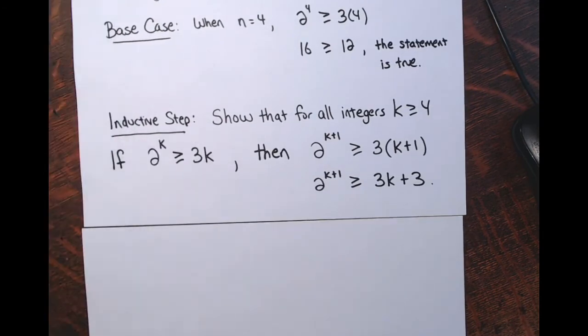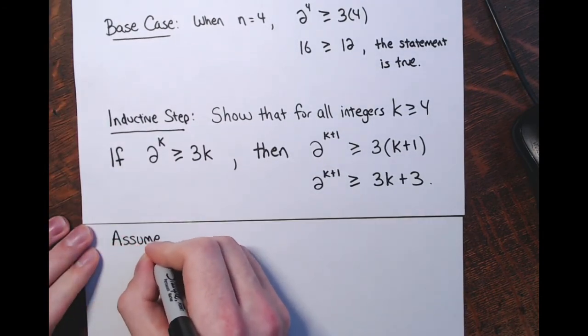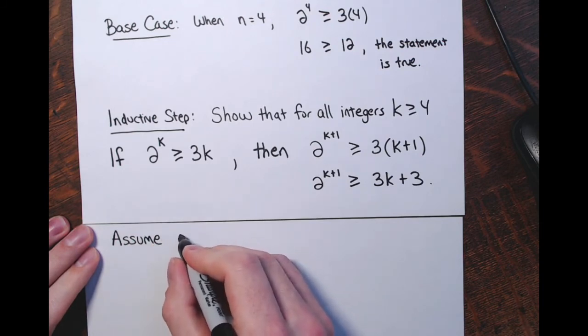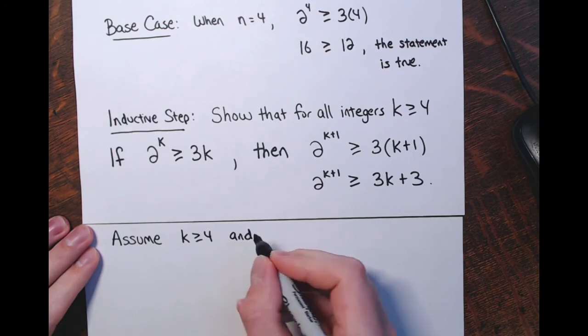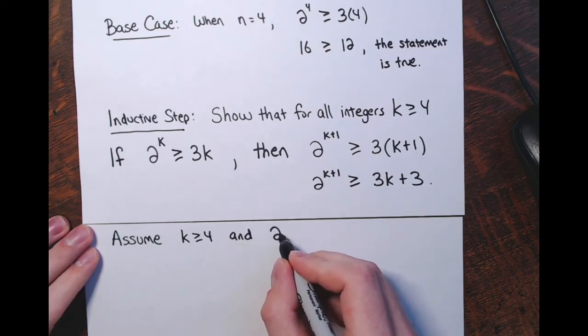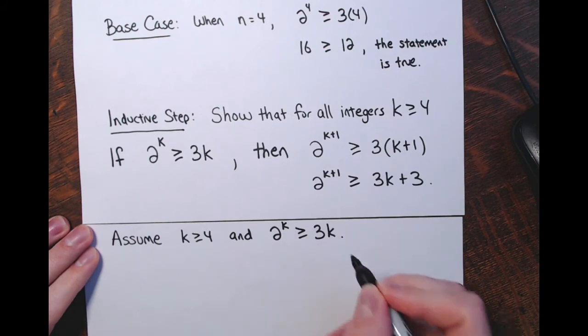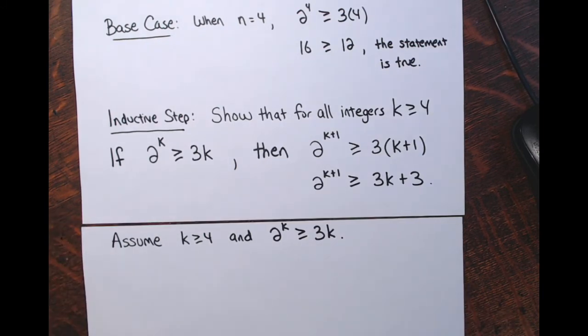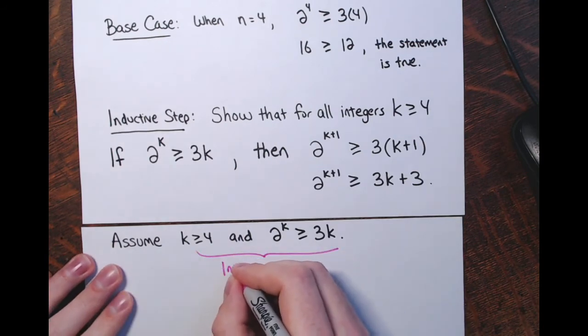So I'm going to start off by assuming that k is greater than or equal to 4, and 2 to the k is greater than or equal to 3 times k. This is our induction hypothesis.